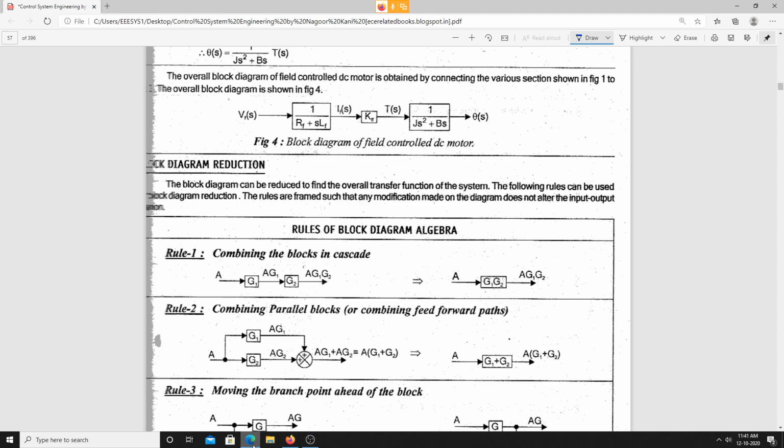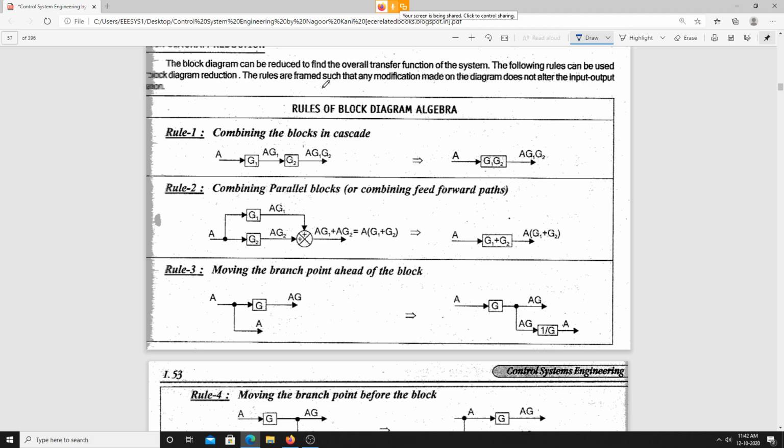To reduce the block diagram, we have certain rules. These rules are framed such that any modification made on the diagram does not alter the input output relations. First, using these rules I reduce the block diagram, and after reducing it I find the overall transfer function.